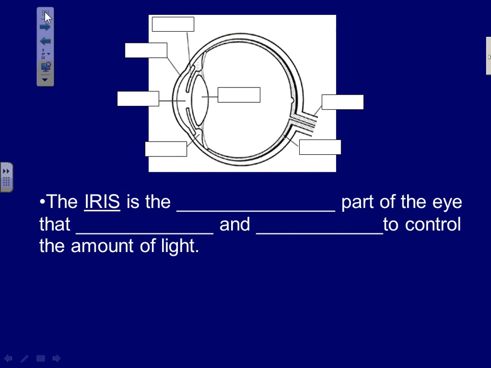All right. The iris is the blank part of the eye. What do you think? I've already mentioned this. What's that? Colored. It's the colored part of the eye that opens and closes to control the amount of light.